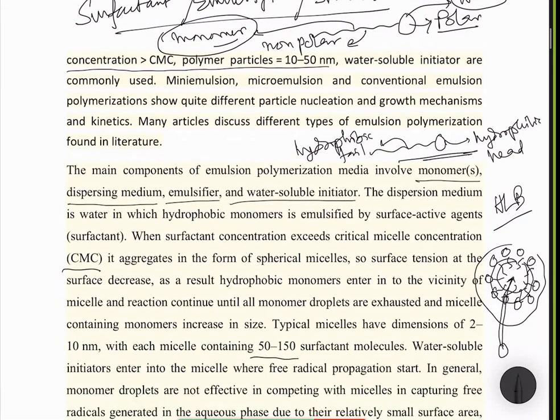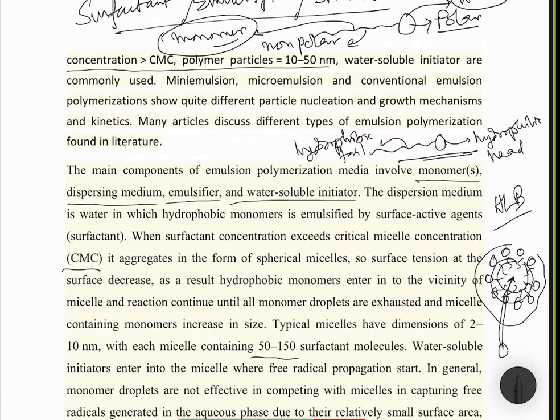Now these surfactant molecules, as mentioned, could be ionic type or non-ionic type. When it is ionic, again it could be cationic or anionic.